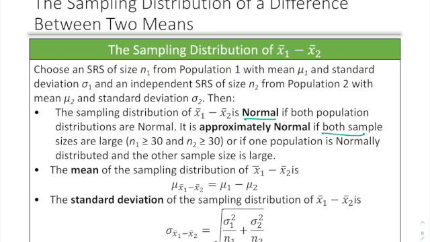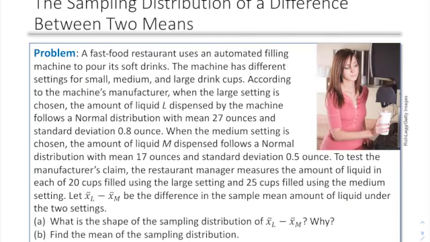The mean of the sampling distribution is the difference of the two sample means. And the standard deviation, again, is the square root of the sum of the variances, as long as the 10% condition is met for both samples. Do remember that the 10% condition only must be checked when you're sampling, not when you're doing experiments.